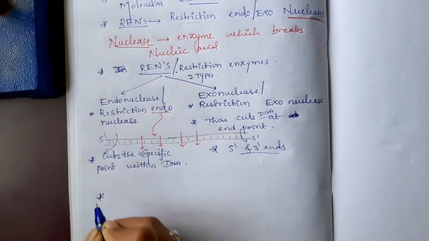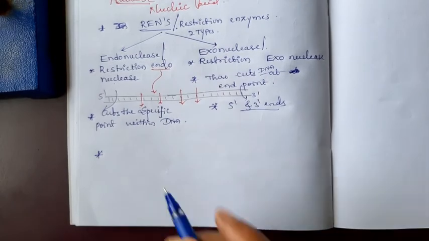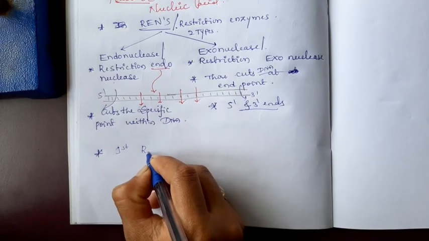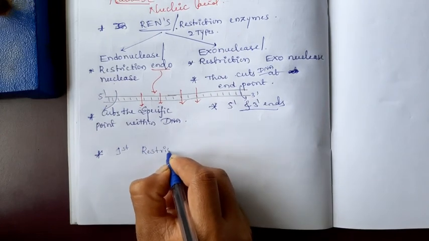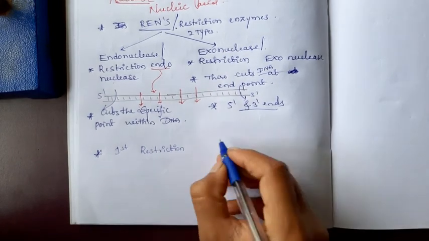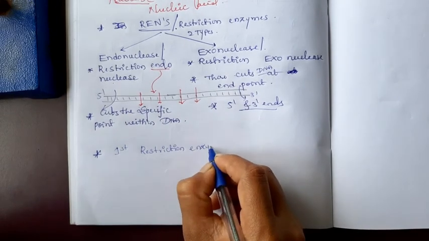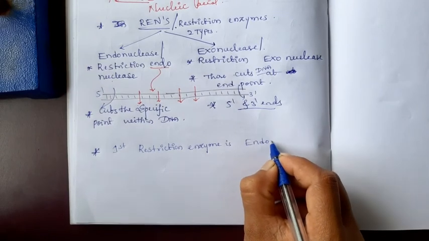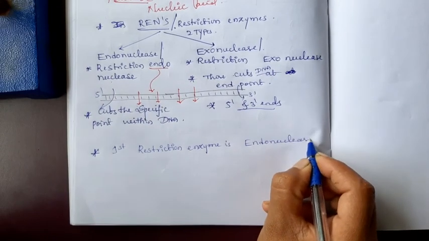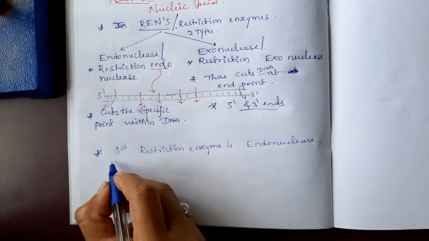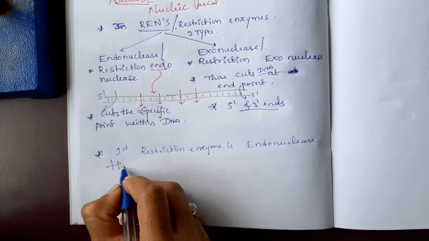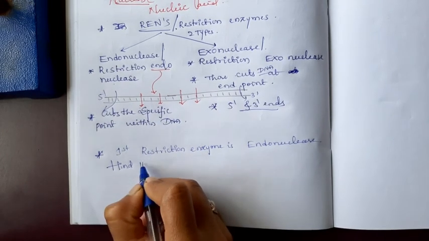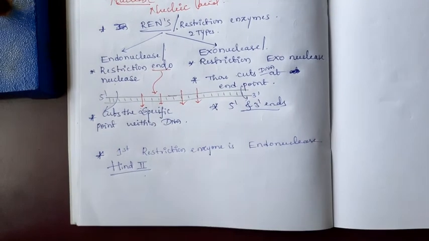This is very important, students. The first restriction enzyme is an endonuclease, which cuts the DNA in the middle, that is Hind2. This is the name of the enzyme, Hind2.